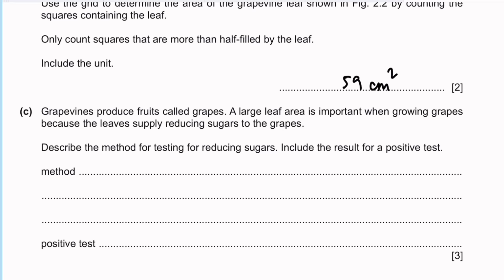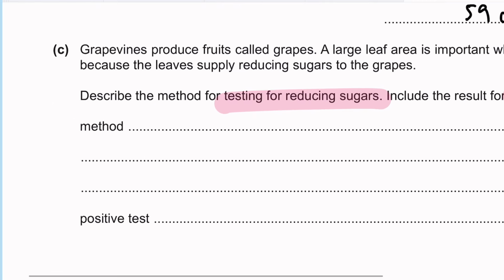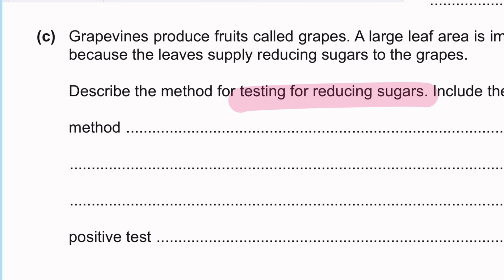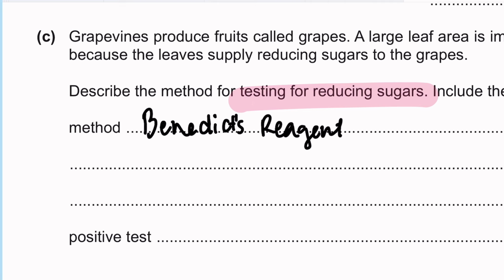So grapevines produce fruits called grapes. A large leaf area is important when growing grapes because leaves supply reducing sugars to the grapes. Describe the method for testing for reducing sugars, and include a result for a positive test. So the method for testing for reducing sugars is a Benedict's test. So you just mention Benedict's reagent test.